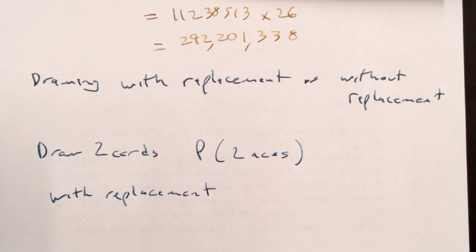I picked a card. What's the chance this card's an ace? 4 out of 52, 1 out of 13, right? Then I put this card back. Shuffle, shuffle, shuffle. I draw a card. What's the chance this card is an ace? The same thing, right? They're independent trials from the same deck.